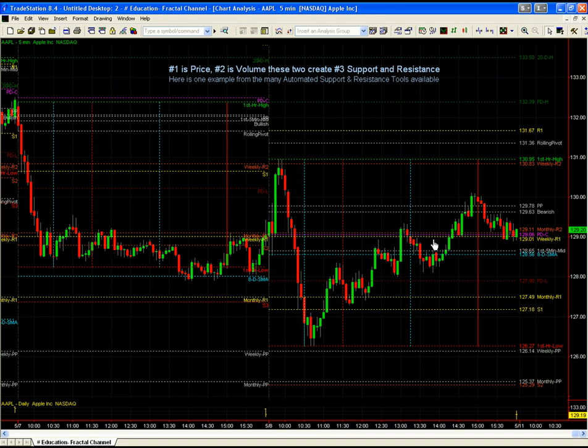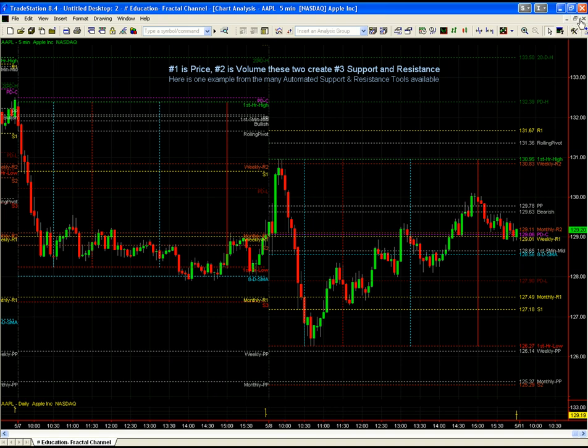Then the weekly R1, the prior day close, and the monthly R2 became resistance. Came back down, broke through that, and then it became support, and it sat on it here, it sat on it here. So you can see that those come, and when you get multiple lines that can all come together, that confluence of support or resistance is very powerful.